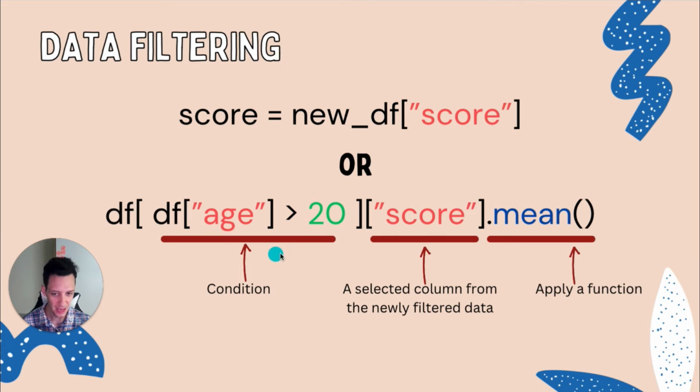Once I have everyone over the age of 20, I want to get the column within that group for score. So I'm only getting the score for people over the age of 20. Once I have this column, I could apply a Python function, so I can get the average score for everyone over 20. All right, so that's the basics of data filtering.